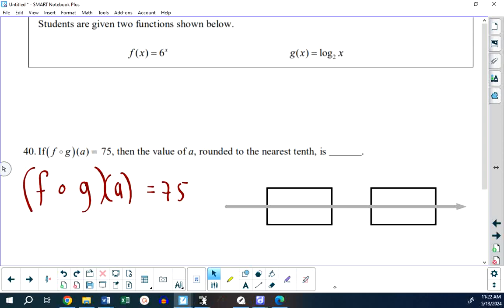Here we don't know what's going in. What's going in is a, which we are asked to find. What comes out is 75.